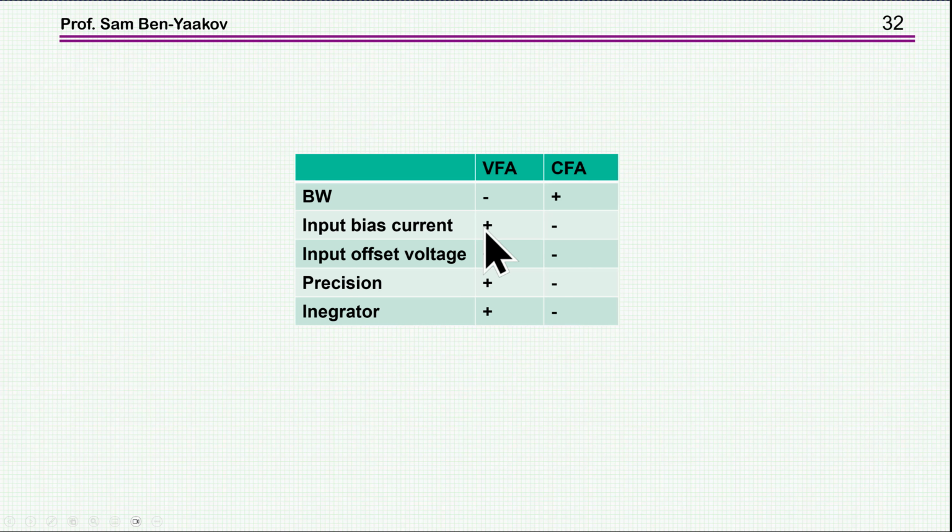Here, we cannot talk about offset current because the inputs are not symmetrical. The input offset voltage is also worse in the CFA. So the precision of the VFA amplifier is much higher. And also we've seen that in the case of the integrator, we have some problem with the CFA that we can actually solve. So this brings me to the end of this presentation.